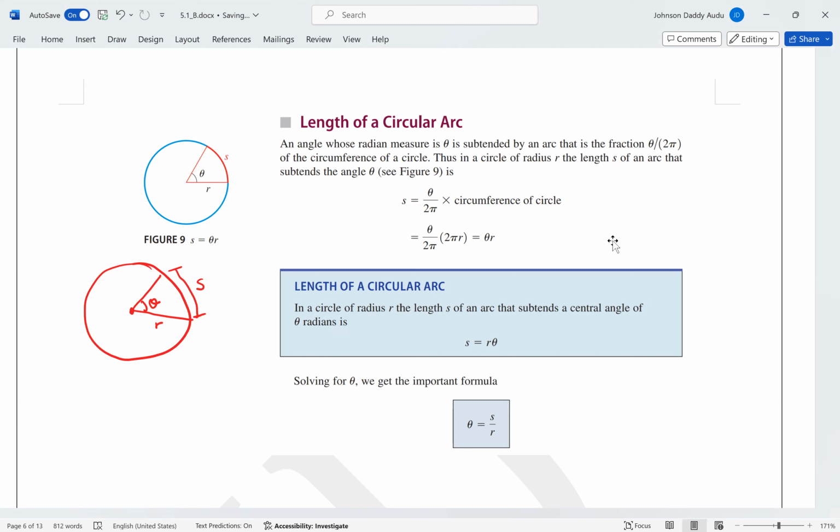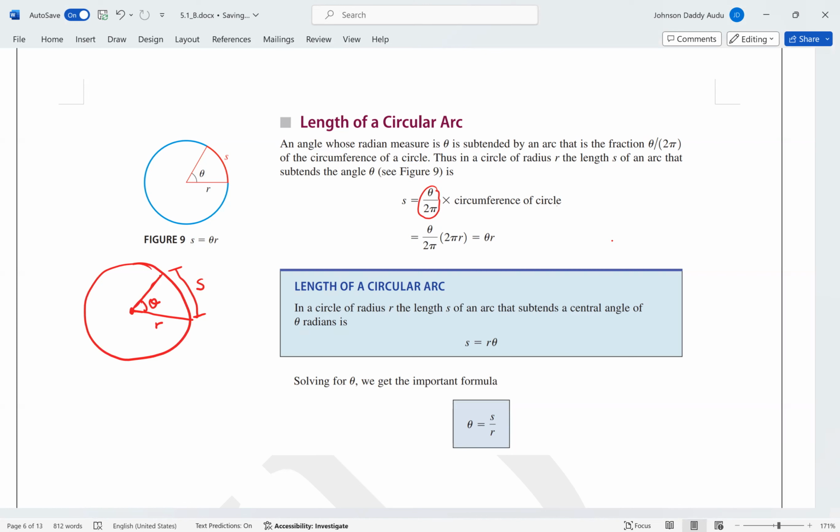So the length of an arc, as you can see, is just a fraction of the circumference, and this depends on theta. So that is why we have theta over 2 pi times the circumference of the circle. But what is the circumference of a circle? It's 2 pi r.